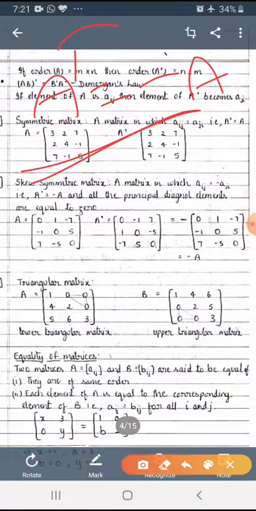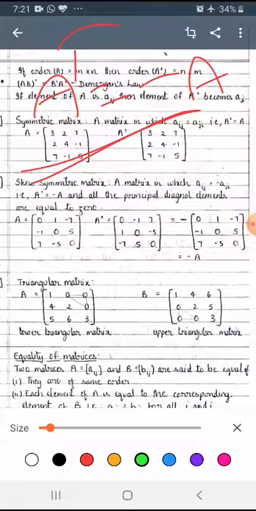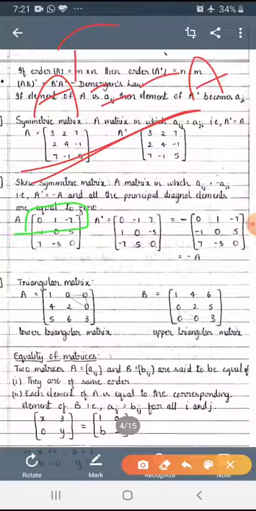While interchanging, the elements are the same, but signs are different. See here, the first row elements are 0 1 -7, is it? Now after interchanging, it is 0 -1 7. Before, the column is 0 -1 7, now it came 0 1 -7. So now the difference came.